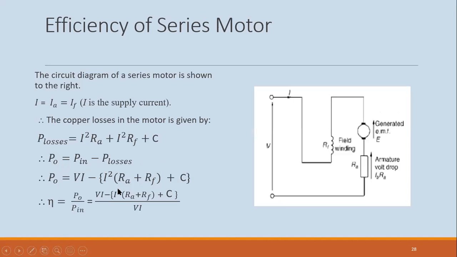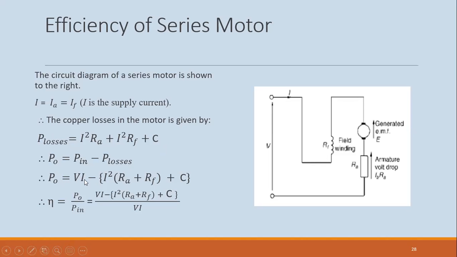All right, and similar for the series motor. It's just that you're gonna have one I now, because IA would be equal to IF would be equal to I coming in from the supply. So the copper losses would be I square times RA plus I square RF. And then you have the constant losses.